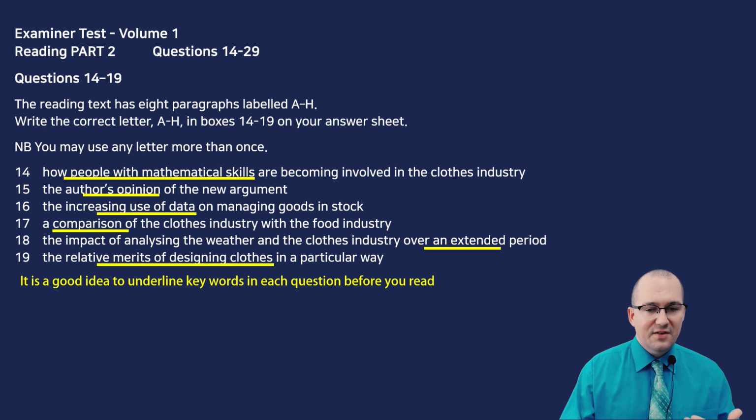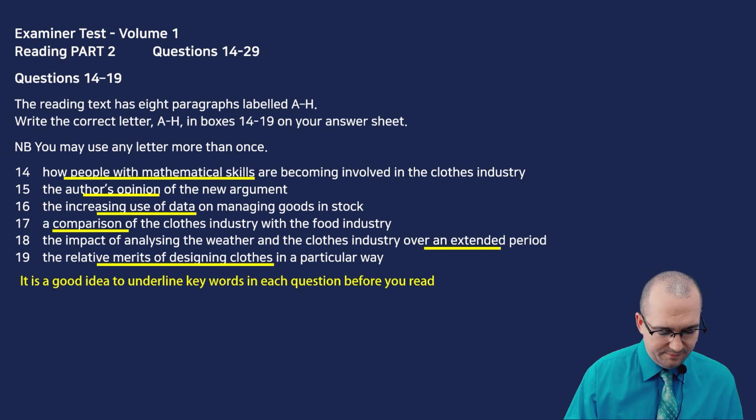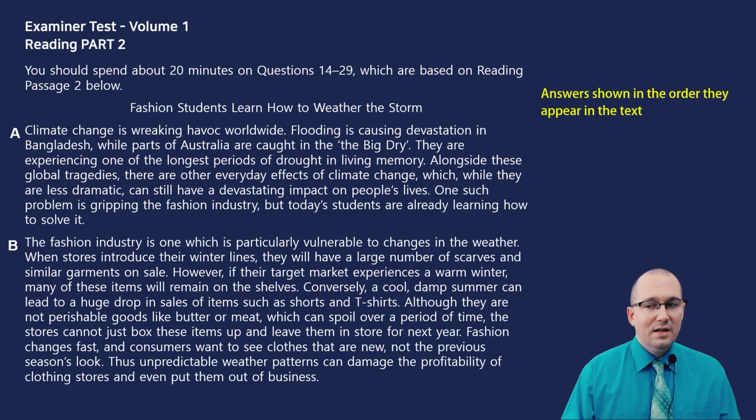And again, the relative merits of designing clothes. So we're looking for a sentence or paragraph that is talking about the good points of doing a certain design of clothes. Now remember, the answers are going to be shown in the order they appear and not necessarily 14, 15, 16.